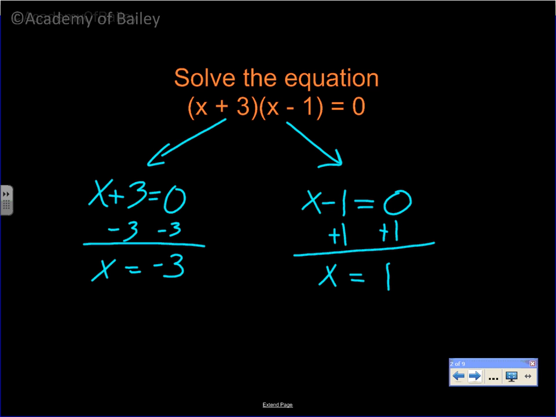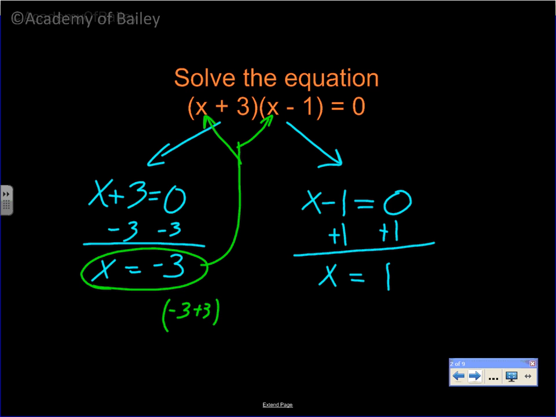And that works because, plugging x in, it gets plugged in right there, those two places. So x equals negative 3. So negative 3 plus 3 is the left parentheses, and the right parentheses says negative 3 minus 1.